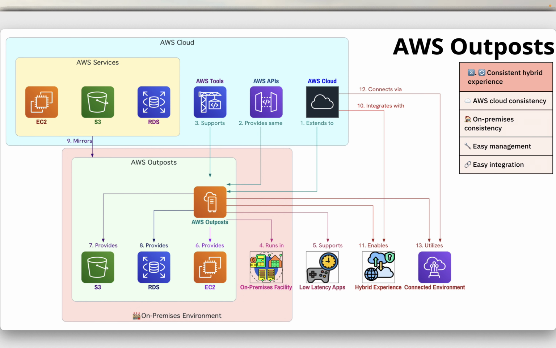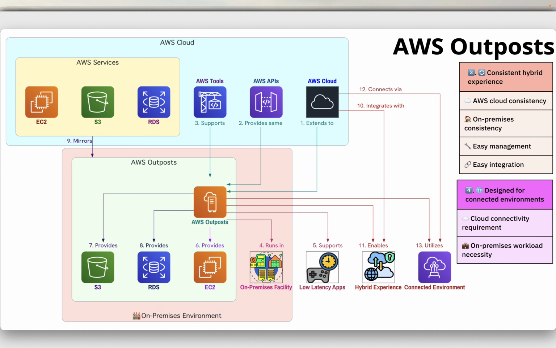AWS Outposts offers a truly consistent experience whether working in the AWS cloud or on-premises, facilitating easy management and integration. Outposts are ideal for environments that require cloud connectivity but also need to keep certain workloads on premises.